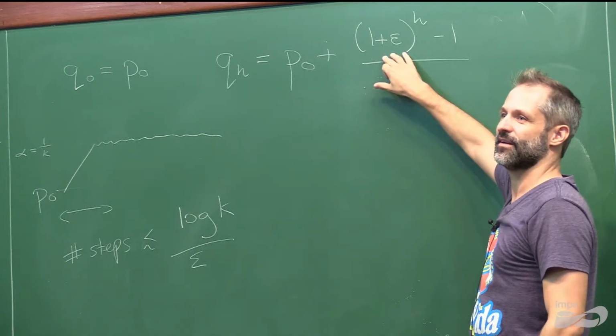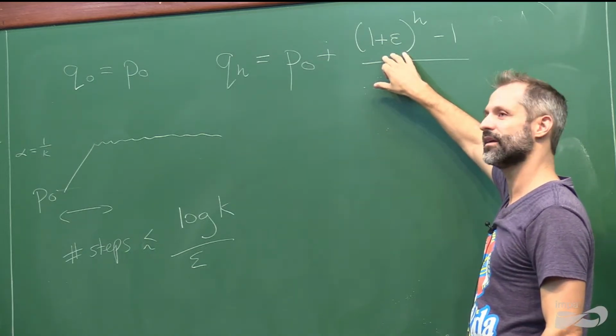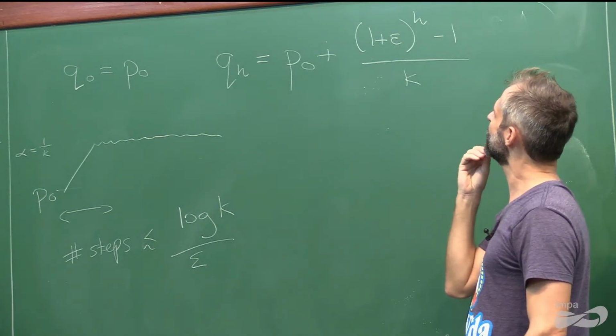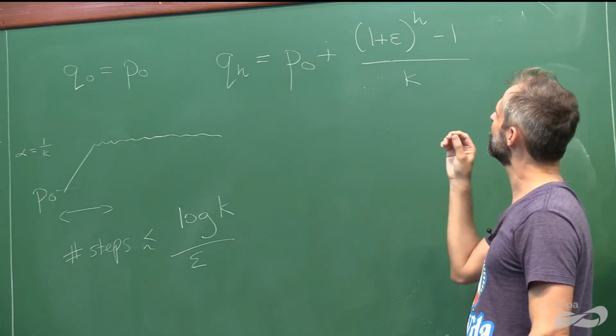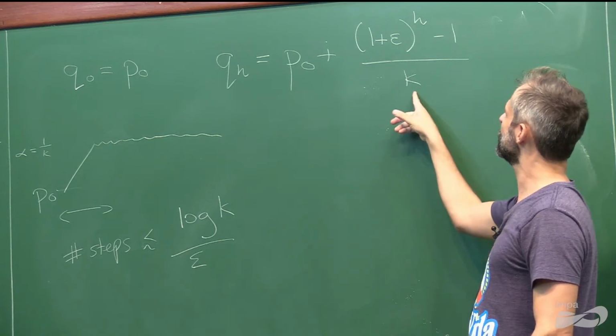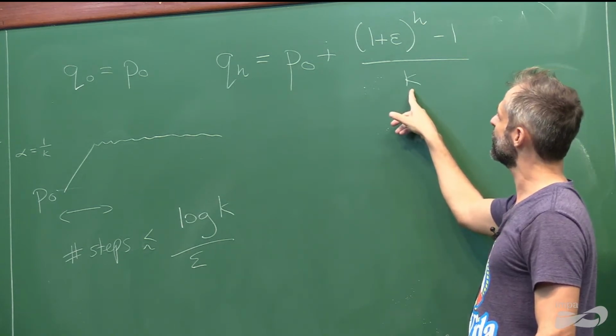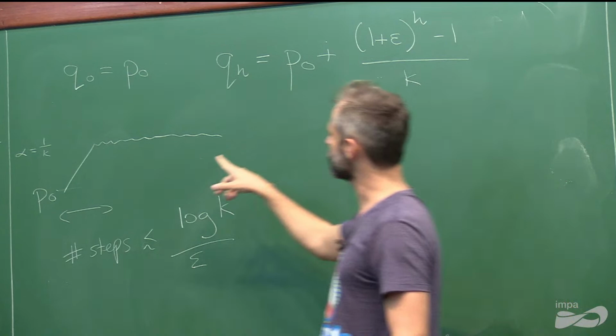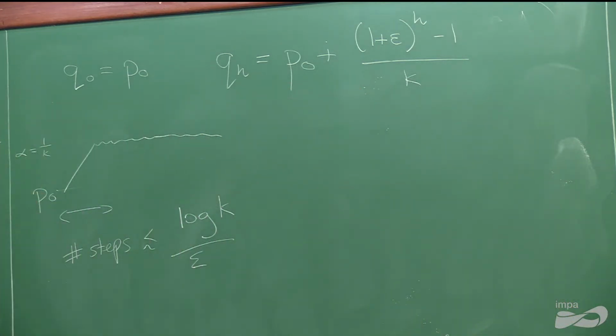Why logarithm of k if we substitute it into that formula? We need the 1 plus epsilon to the power h to be equal to 2 to get 1 over k. So alpha should be 1 over k. Alpha, yeah. Okay, I see.